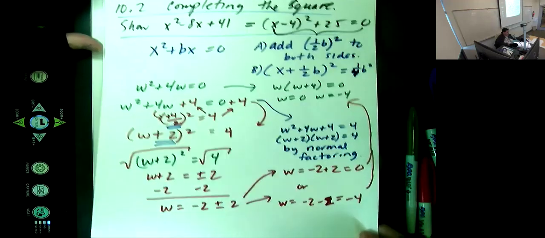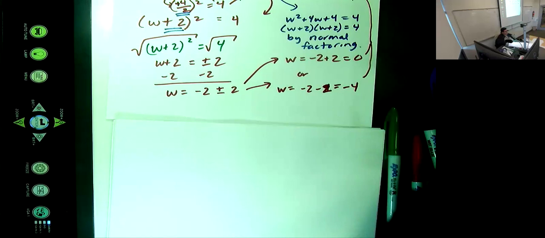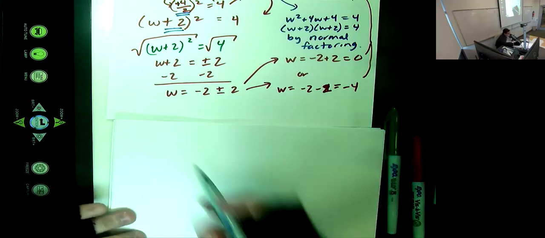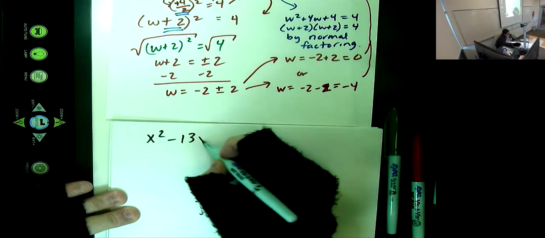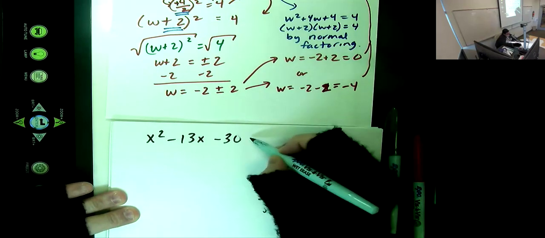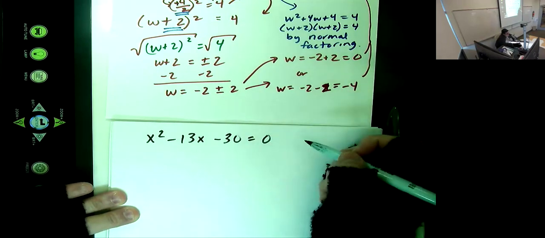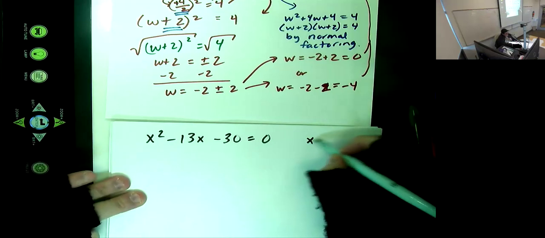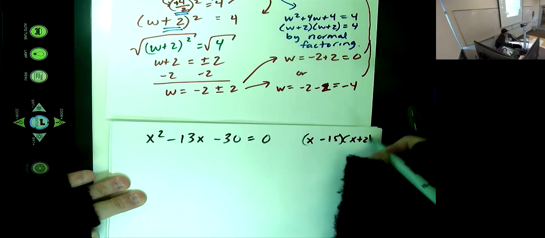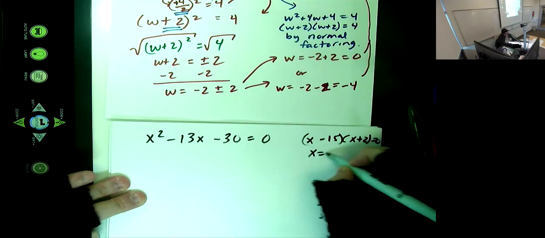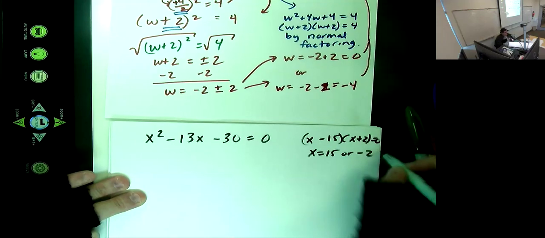I think earlier we had x squared minus 13x minus 30. I know we did. We factored this. We saw that we had x minus 15, x plus 2, and we got x equals 15 or -2.